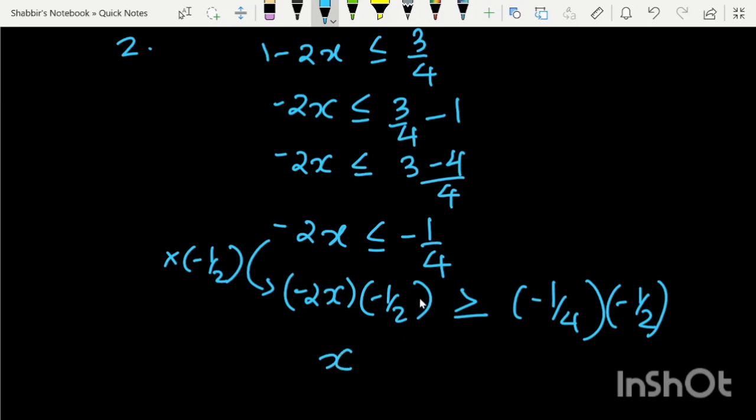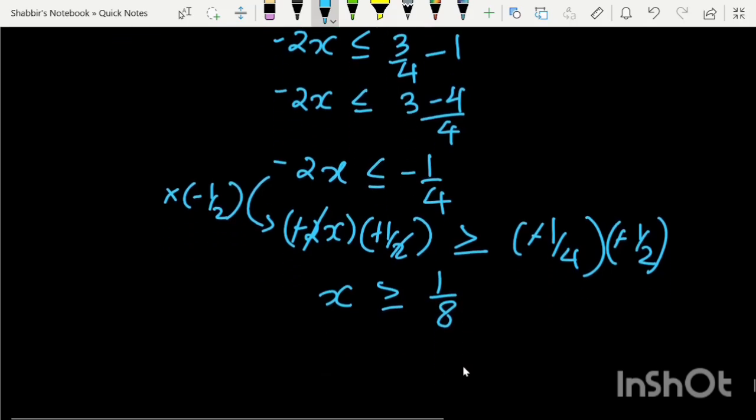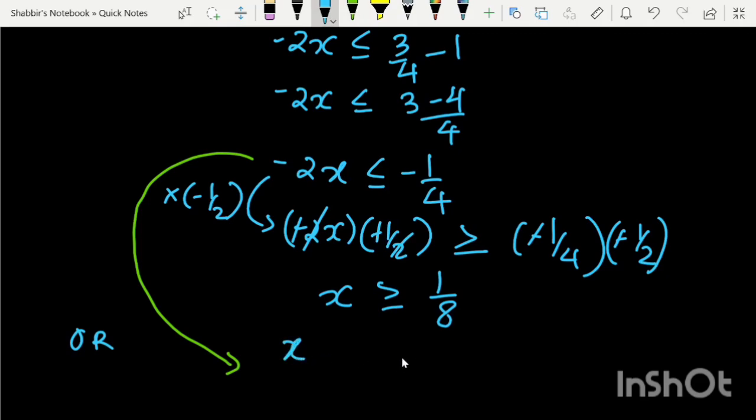so this becomes x, cancels out. Okay, and this becomes minus minus plus, 1 by 4 into 2, 8, or you can also say that by cross multiplying minus 2 from LHS to RHS, the sign of inequality is greater than equal to, which will again give this answer.